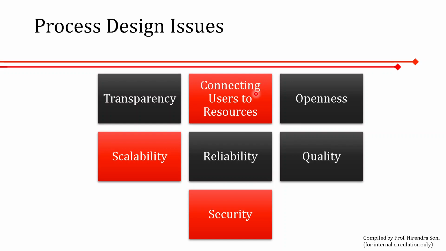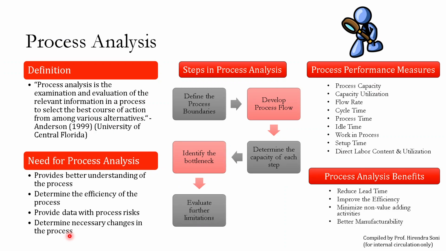Yes, sir. Now, whenever we do process analysis, we also take up the activity of defining the process performance measures in terms of the process capacity, the capacity utilization, the flow rate. What I was referring to earlier was flow rate.